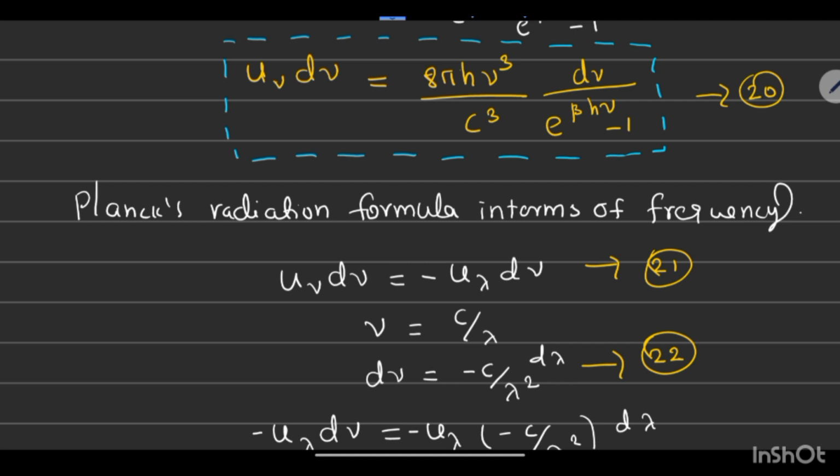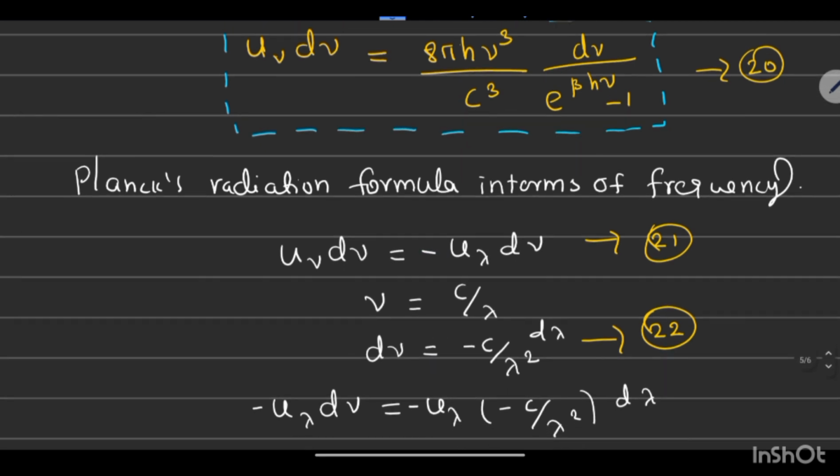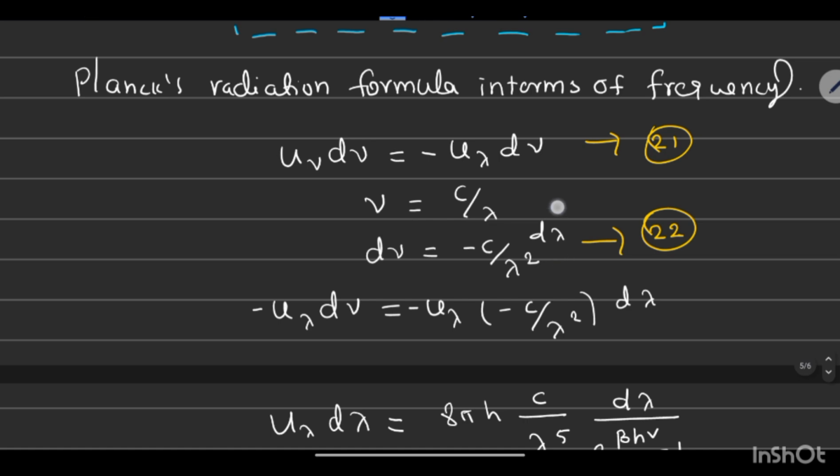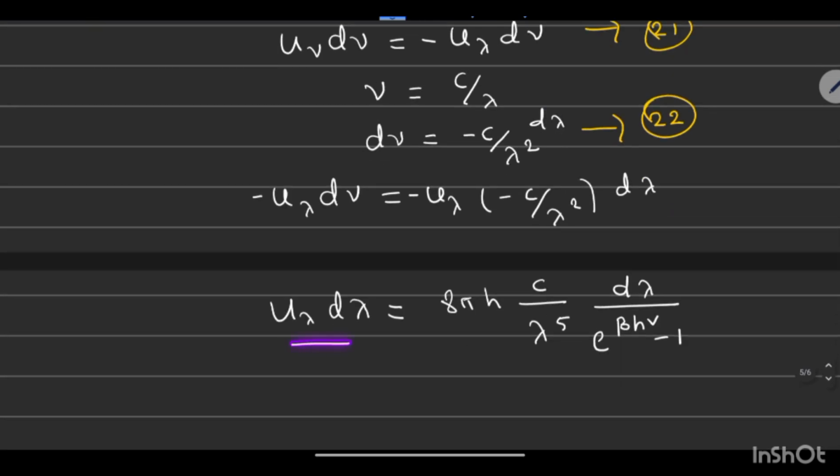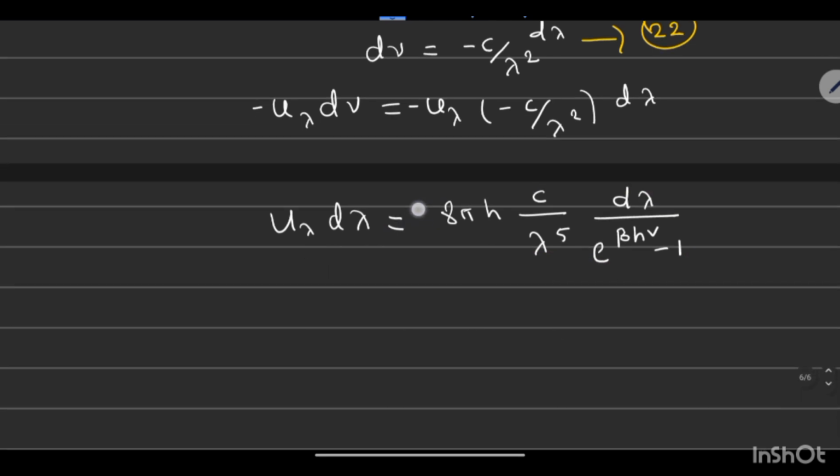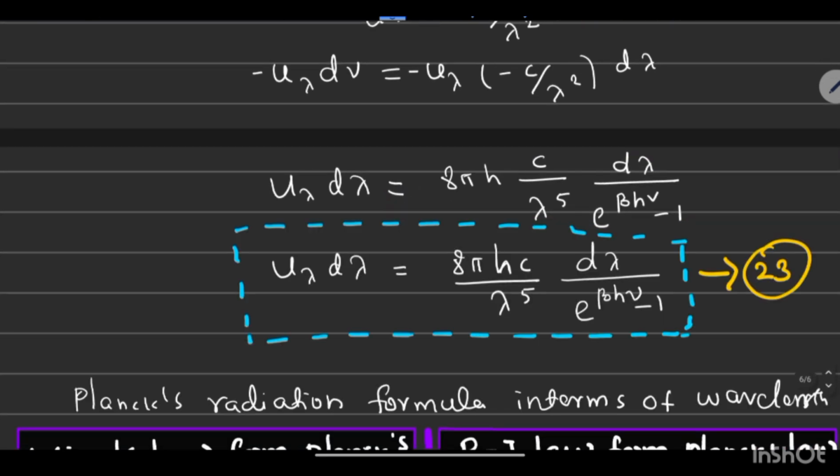So u nu can be expressed in terms of u lambda by putting a minus sign in front of that, because nu and lambda are complementary to each other, and expressing d nu in terms of d lambda, one will get the expression for energy density in terms of lambda as this. So finally we get the blackbody energy density expression in terms of lambda.